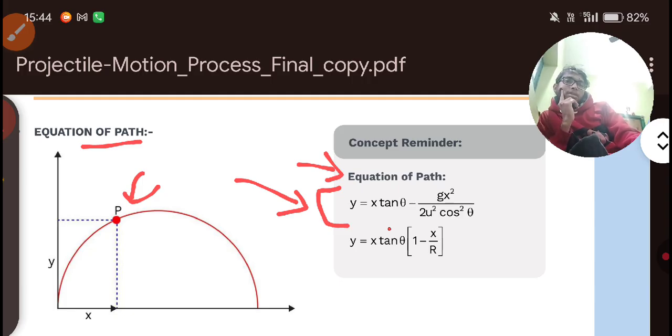One thing I am emphasizing: this will often give you a quadratic equation, so it's important that you clear your concept regarding quadratic equations so that you do not face any challenges. Y is equal to x tan theta times 1 minus x upon R, where R is nothing but the range.